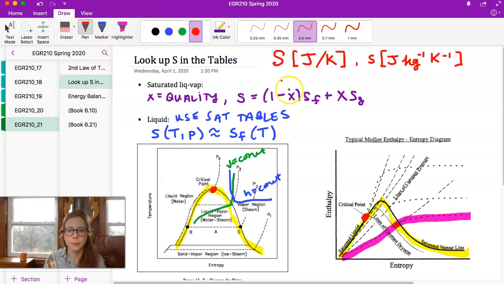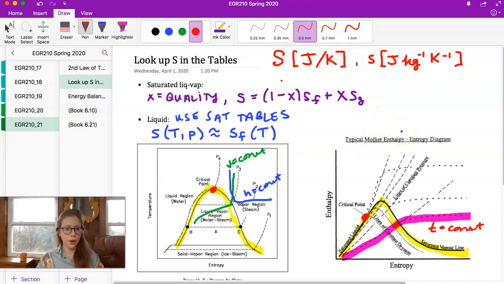Those are our isotherms. And as you can see, under the vapor dome, our lines of constant pressure, isobars, and our lines of constant temperature, isotherms, are right on top of each other, because they have a coupled relationship under the vapor dome. This type of diagram, the enthalpy versus entropy diagram, is known as a Mollier diagram.